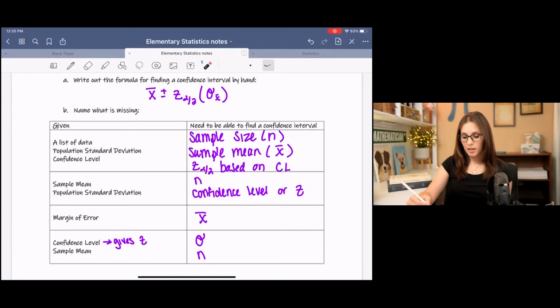So what we're missing is a confidence level or a Z-score, and we also need N to be able to find this piece. In the next one, if we have the margin of error, then technically all we need to build an interval is the sample mean. And then the last one, if we have the confidence level and we have the sample mean, then what we're missing is the population standard deviation and N.